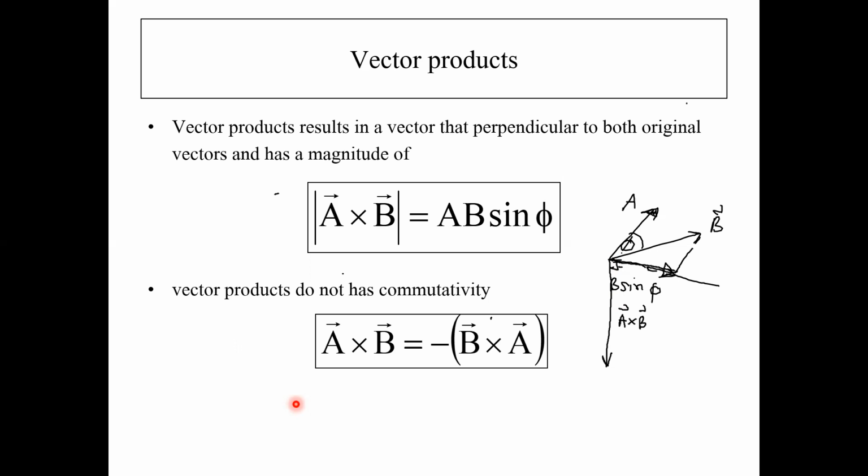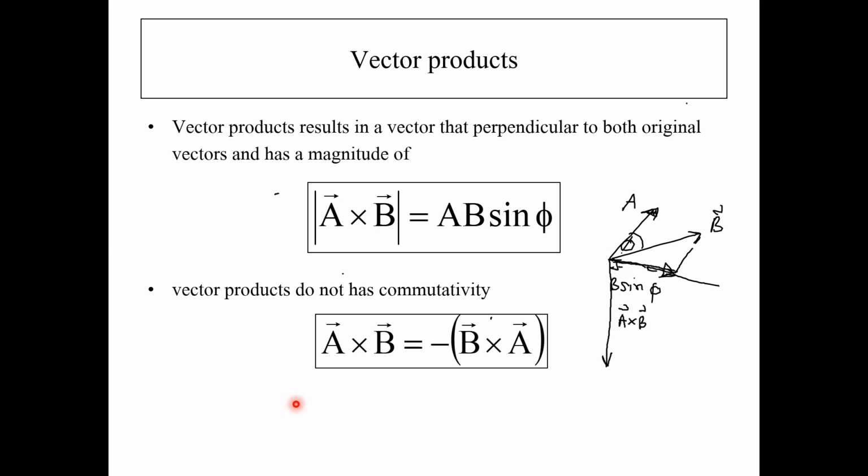And the magnitude of the cross product is defined by the magnitude of one vector times the component of the other vector that is perpendicular to it. So the magnitude of A cross B is A times B sine phi, or B sine phi times A. That's the magnitude.